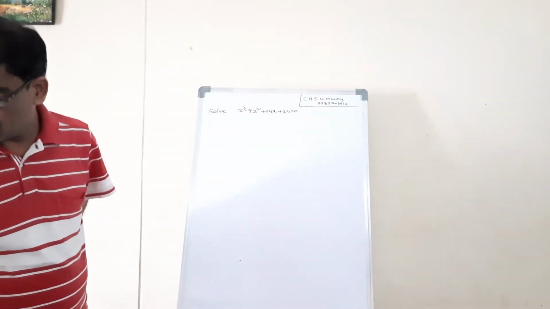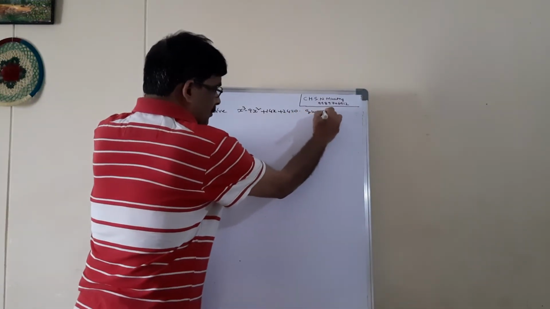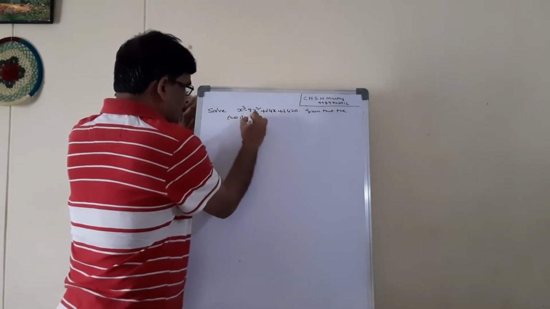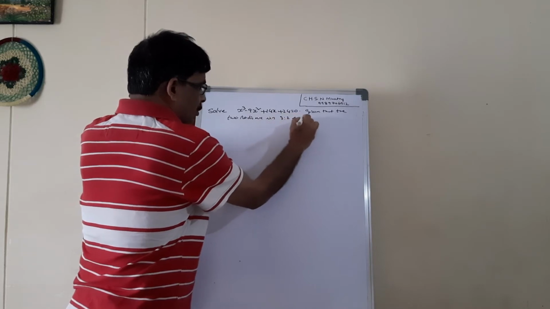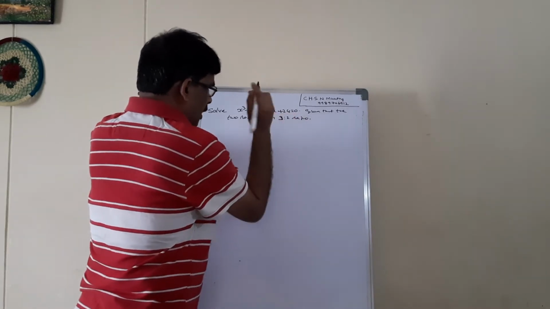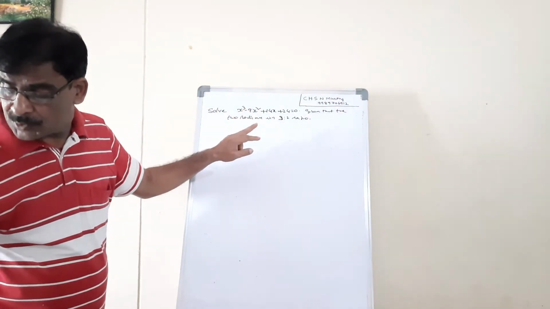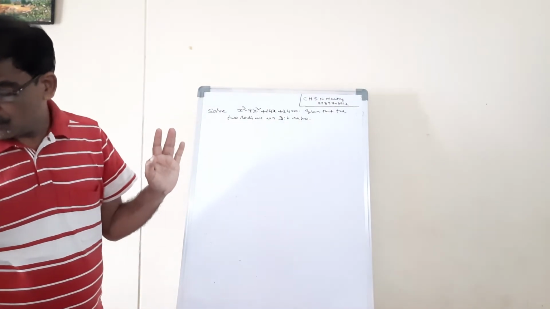Given that two roots are in 3:2 ratio. Observe the problem. x cube minus 9x square plus 14x plus 24. Okay, correct. The roots are in 3:2 ratio.